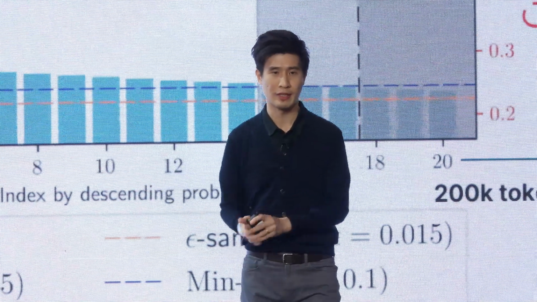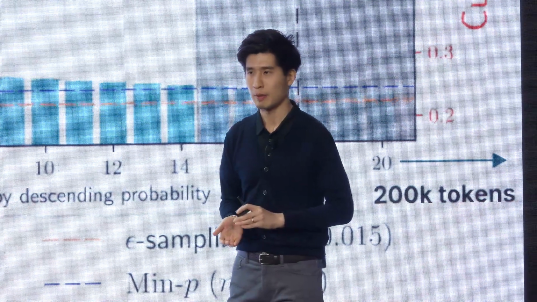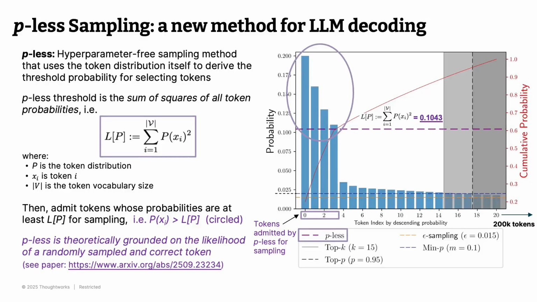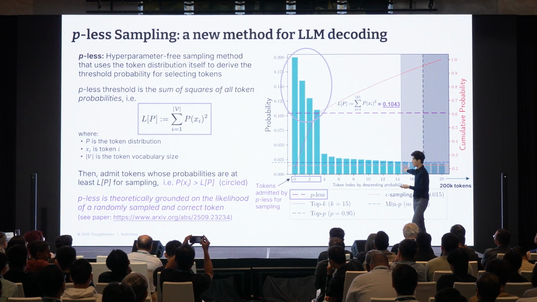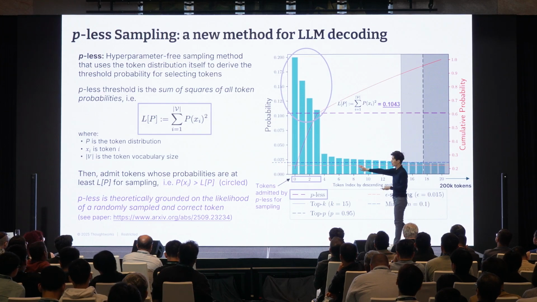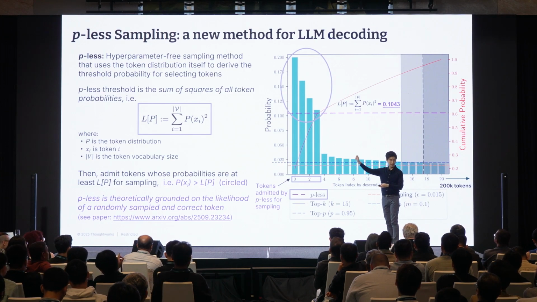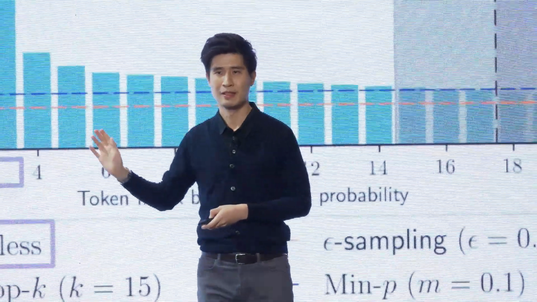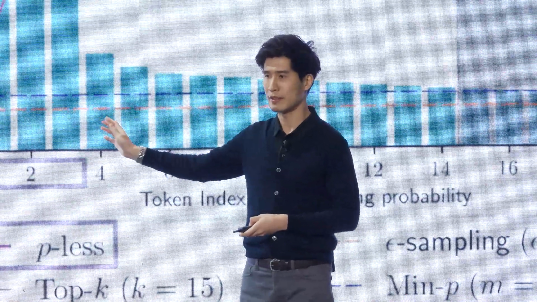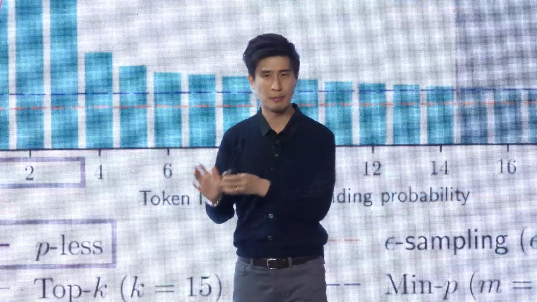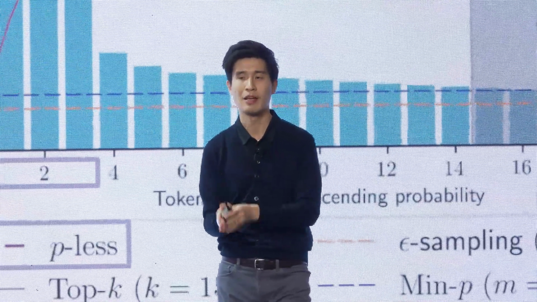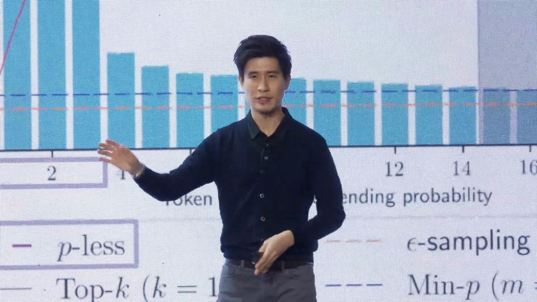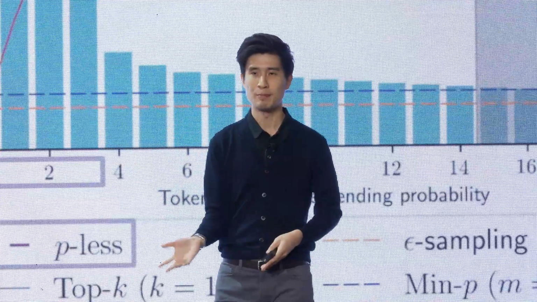And that is grounded in theory, in probability theory. So we define that as tokens whose probabilities are at least this P-less threshold for sampling. Why is that the case? Because the P-less quantity denotes the probability of a correct and random sampling, which is actually what we are doing when we sample, right?